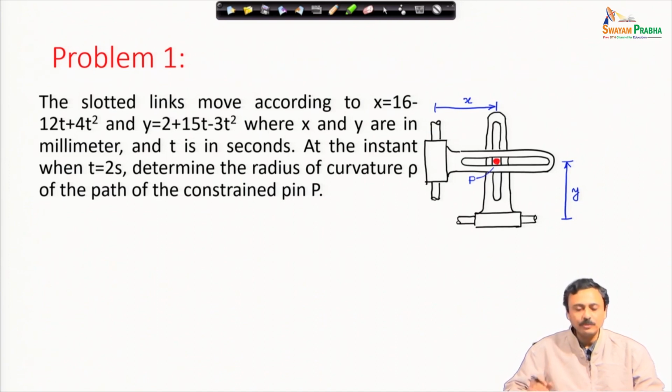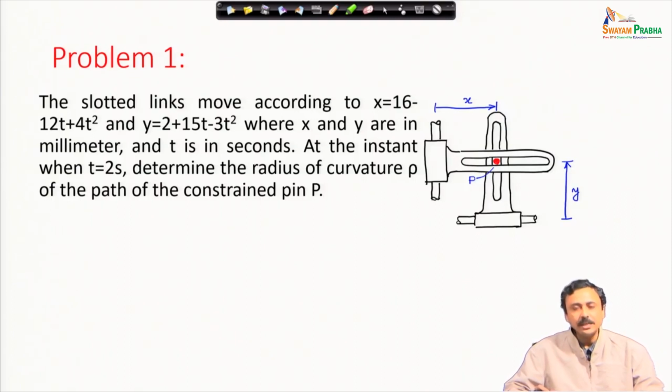So, the vertical slot is moving horizontally and the horizontal slot is moving vertically, and the motion of these slots is specified by x and y as functions of time, where x and y are in millimeter and time t is in second.